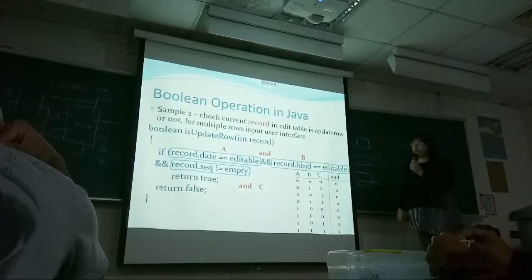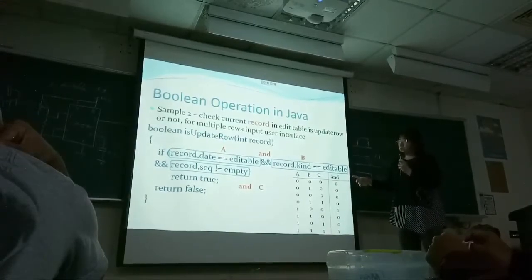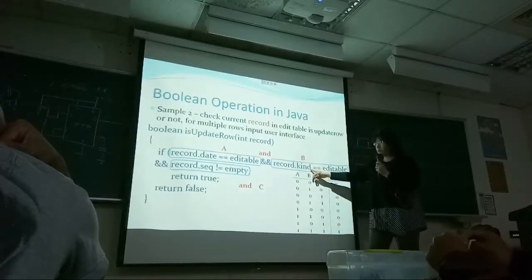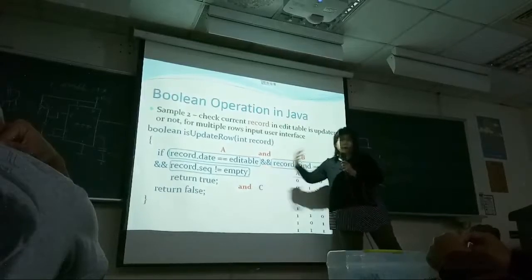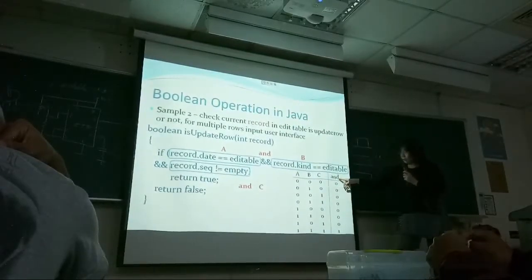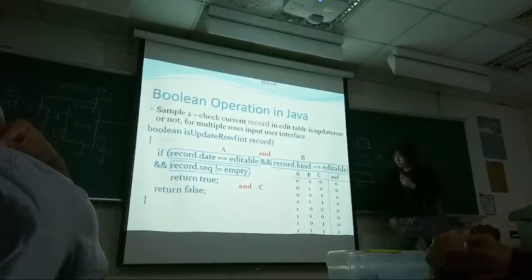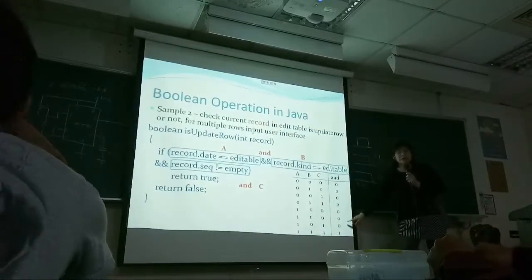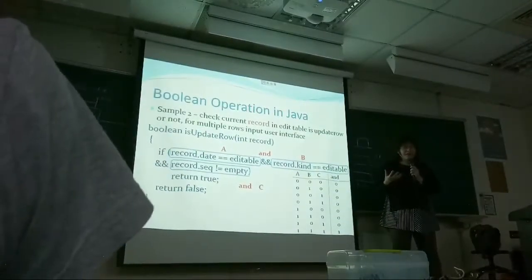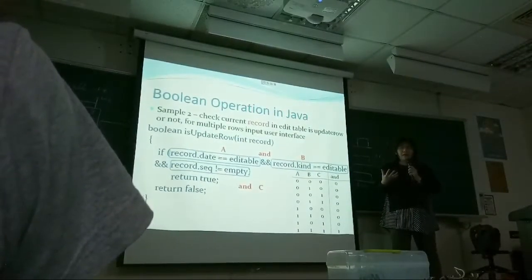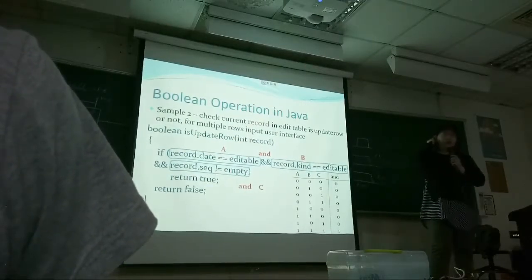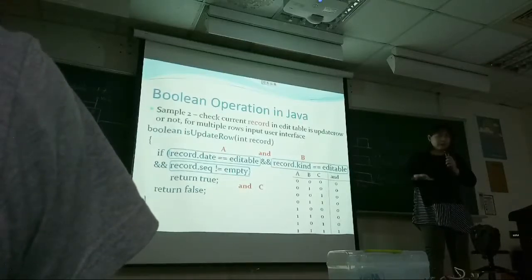Okay, AND. If you want to check that condition one is true, condition two is true, condition three is true, all true, then you get result true. Then you use AND. True and true, and the result is true. So in the end, I almost always use AND because it is a company system. You just check for true, then you can do something.